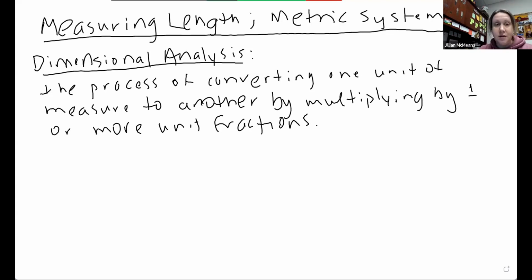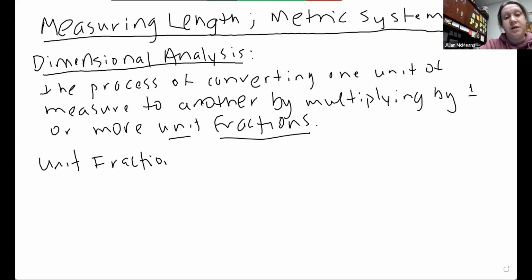So again, dimensional analysis, it's the process of converting from one unit of measure to another by multiplying by one or more unit fractions. So this right here begs the question, well, what on earth is a unit fraction? So unit fractions are a huge part of measurement conversion.